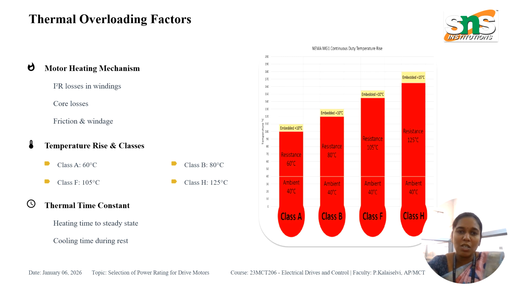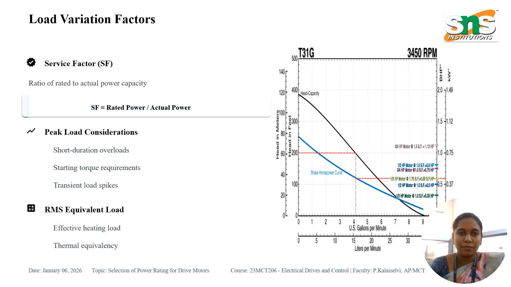Higher class means higher temperature tolerance. The thermal time constant indicates the time taken to reach steady temperature and the cooling time during the rest period, and it is very important in intermittent duty motors.